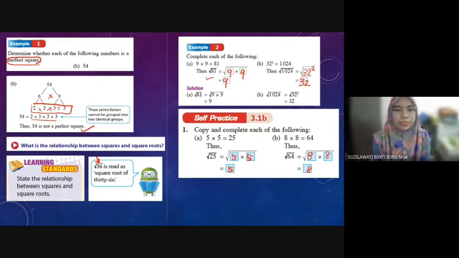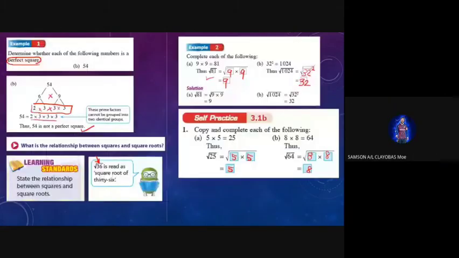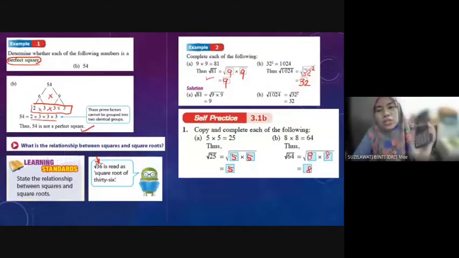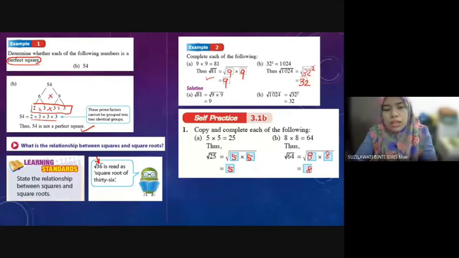Okay. Any questions? No? Okay, if you don't have any question, let's look at your calculator now. Just now I already asked you to find where is the square root symbol. Okay, press that square root symbol now.